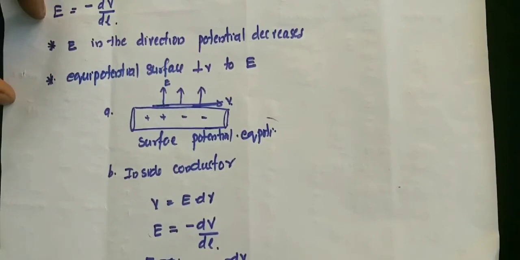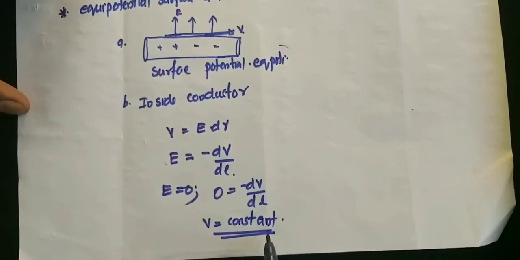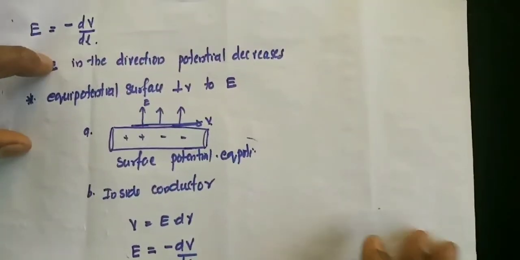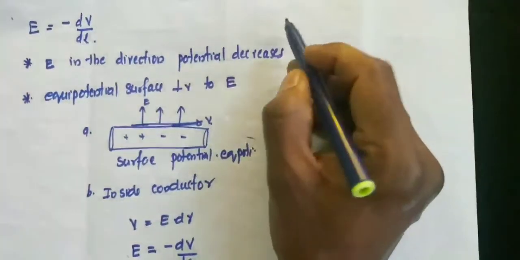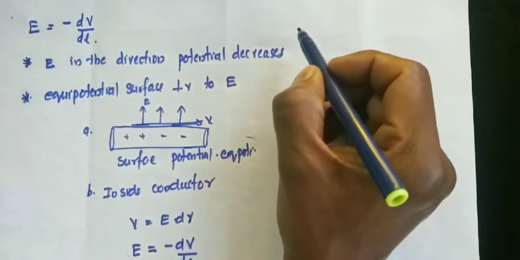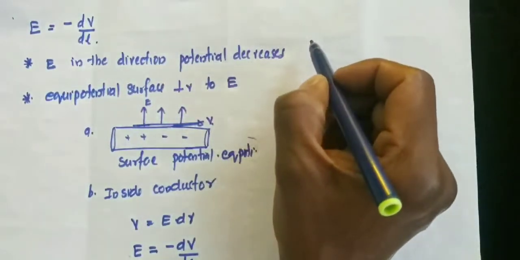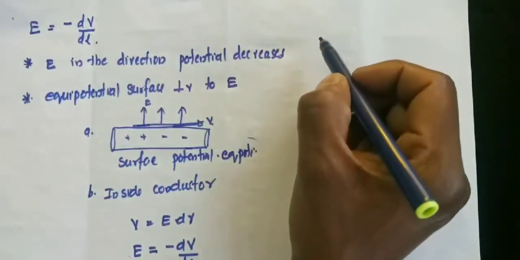As I told you, the electric field will vanish inside the conductor because the same amount of opposite charges will be there. So the equation minus dV by dl is equal to 0. Of course V is equal to constant because the derivative of a constant will be 0. So here potential is a constant. The conclusion is very simple: the potential inside the conductor will be a constant. That is what we call the equipotential volume.